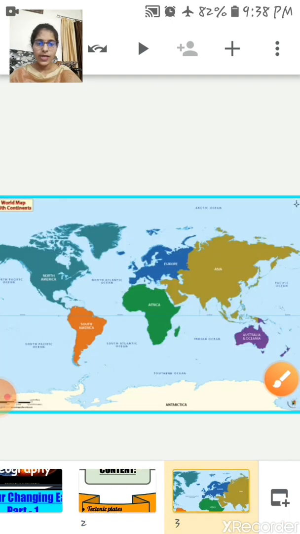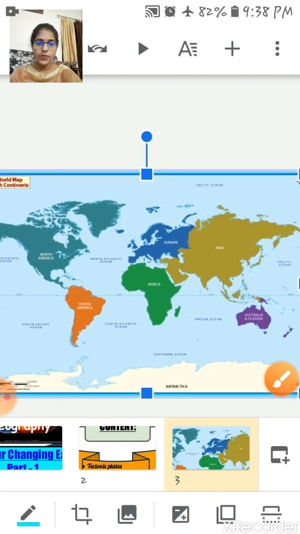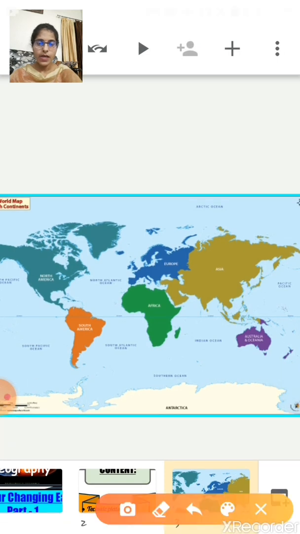Okay, now let's start. Just look at this world map, children. You will probably observe that the shapes of these continents are a very familiar pattern. Like how the eastern coast of South America can easily fit into the western coast of Africa, right?